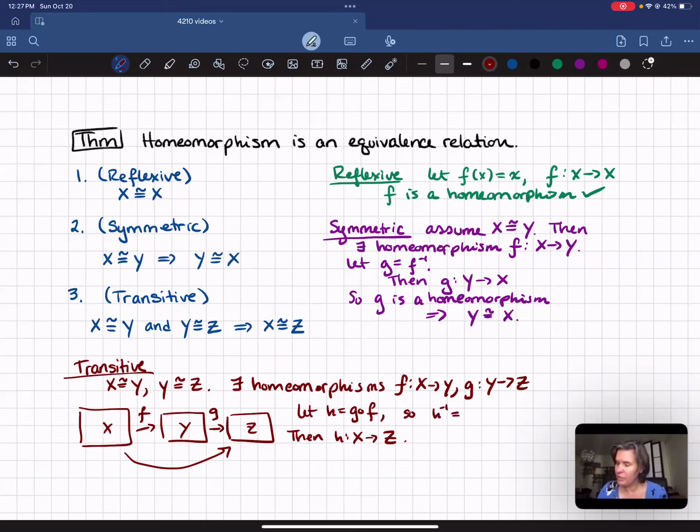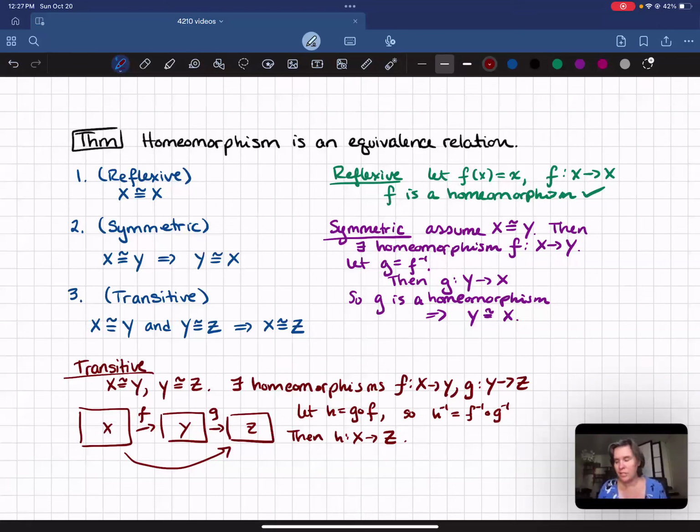h inverse, using properties from abstract algebra or just properties that you might have learned in other classes, h inverse is f inverse composed with g inverse. Since f and g are homeomorphisms, f inverse and g inverse are continuous. So h inverse is a composition of continuous functions, which means h inverse is continuous.